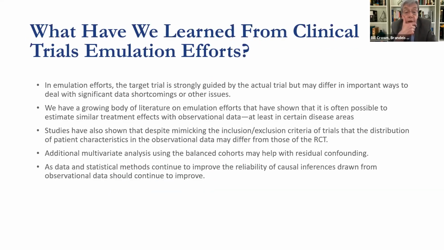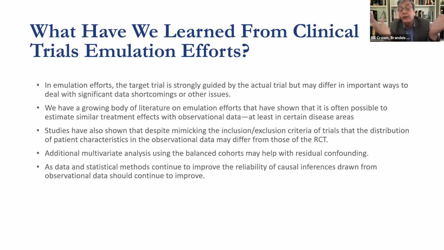So what have we learned from these emulation efforts? When we're designing a target trial for when we have an actual trial to attempt to emulate, we can still have results that may differ in important ways in design of that target trial from the actual trial.